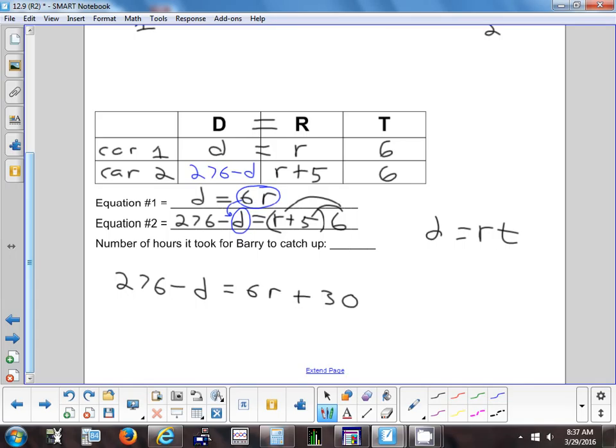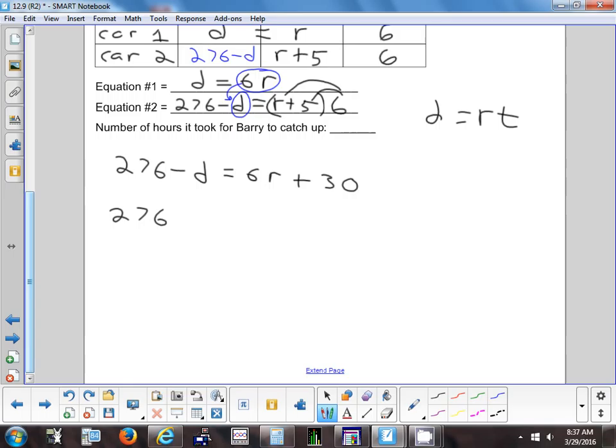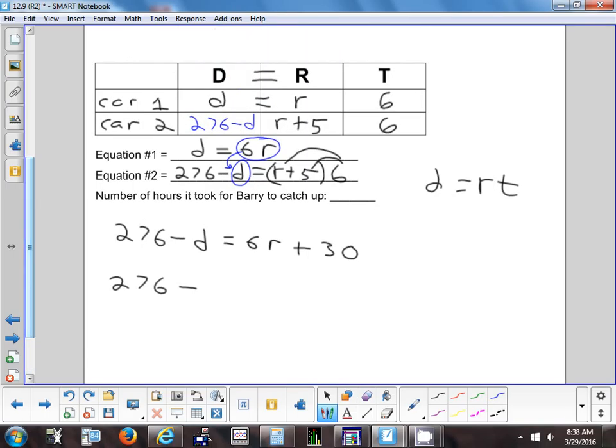We'll just finish it up with some algebra. So 276 minus, don't put D, fill in what D equals, 6R. Now, if you look at that equation, what's the only letter that's left?